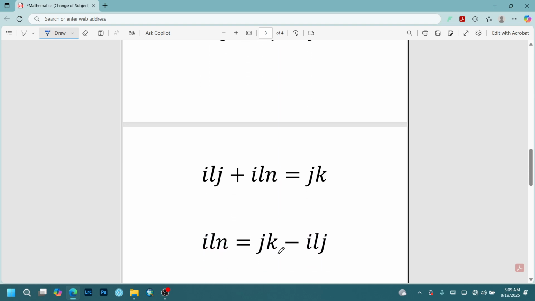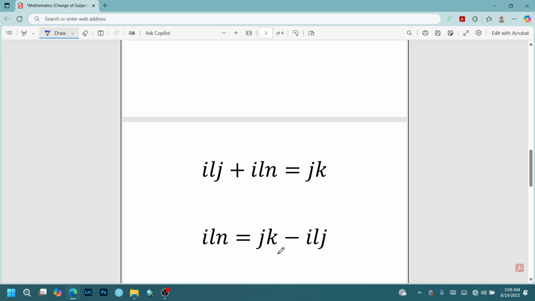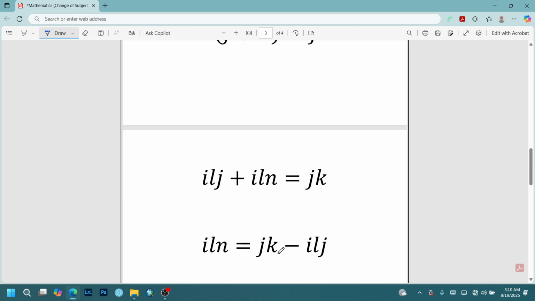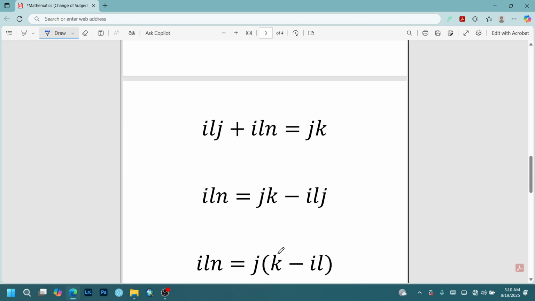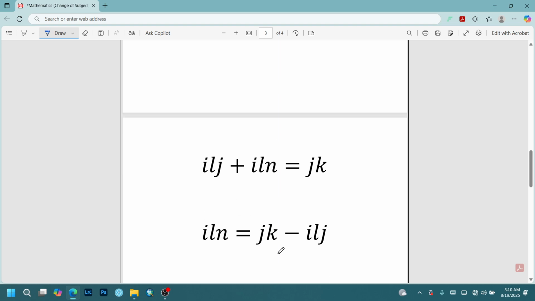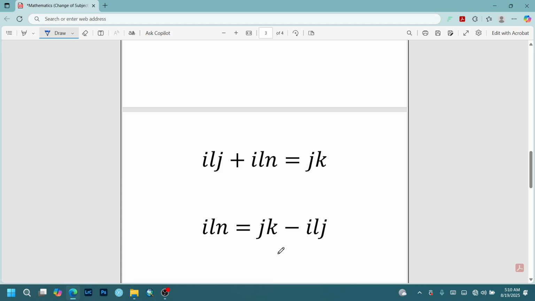So we have to make J the subject of the relation, right? So ILN equals JK minus ILJ, right? So we factor out the common variable, which is J. Okay, on our right side of the equation, we factor out the common variable, which is J, right?